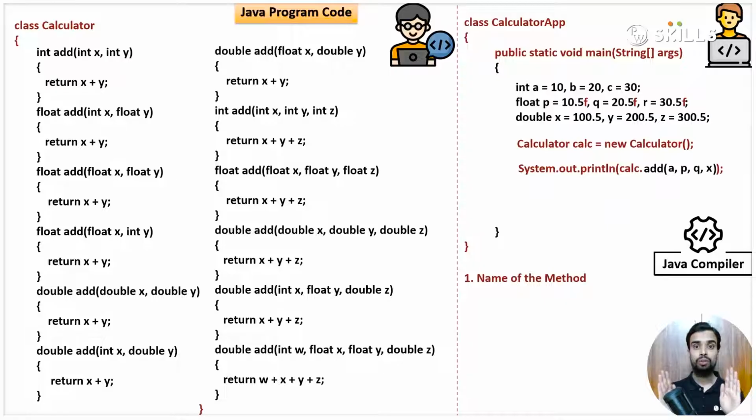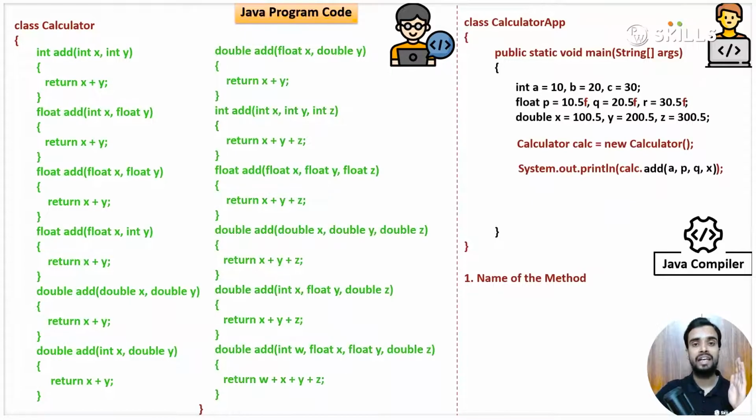Anyways, it would go to the Calculator class and it would immediately make an announcement to the Calculator class: Calculator class, I am looking for a method body whose name happens to be add. The moment this announcement is made, all of the 12 methods that are present inside the Calculator class would get activated, and every single method claiming, compiler, I am the add method, please give the control to me, I want my body to be executed.